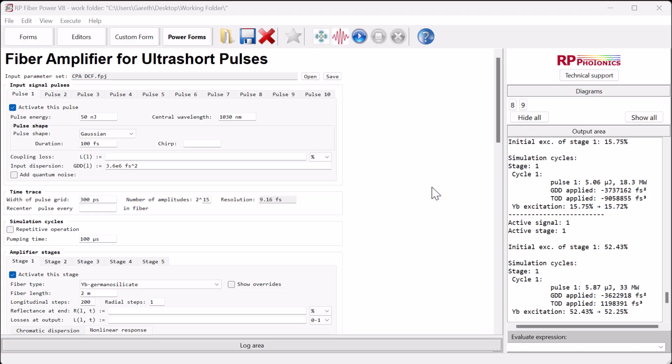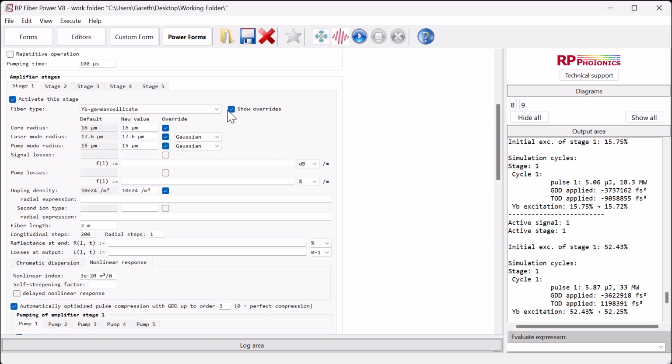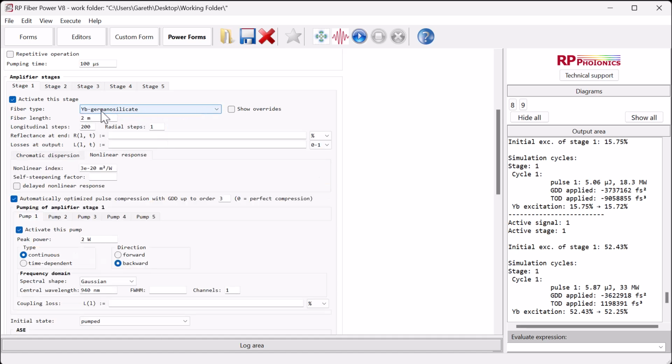Our next option is to use a double-clad fiber. We adjust the pump radius to 62.5 microns with a rectangular shape, simulating a pump cladding with 125 microns in diameter. We also increase the fiber length to 10 meters and the pump power to 3.3 watts.